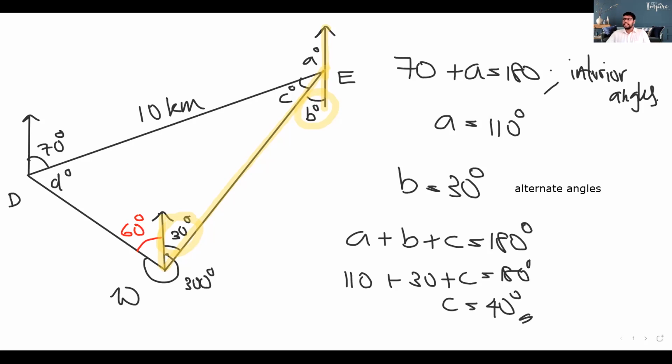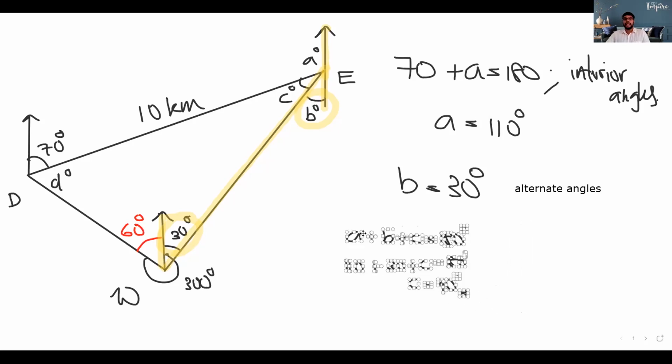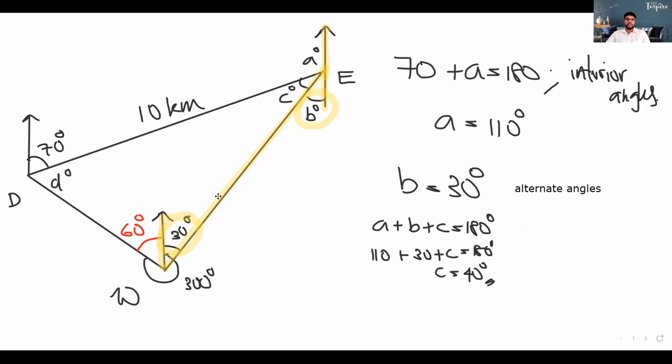Good. Then, children, finally, D. How do you find D? Yes, D is going to be 50. Why? Because of angles in a triangle. By now you all know that this total angle is 90 degrees.